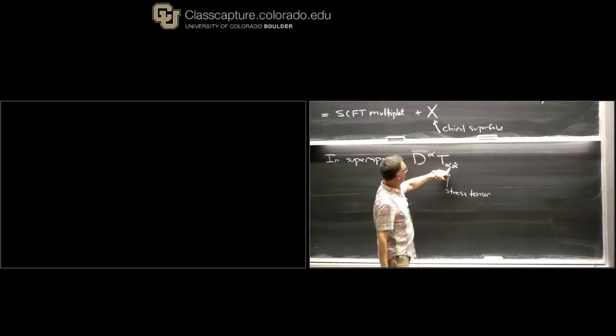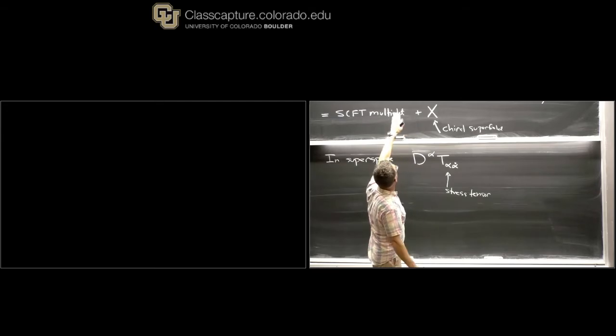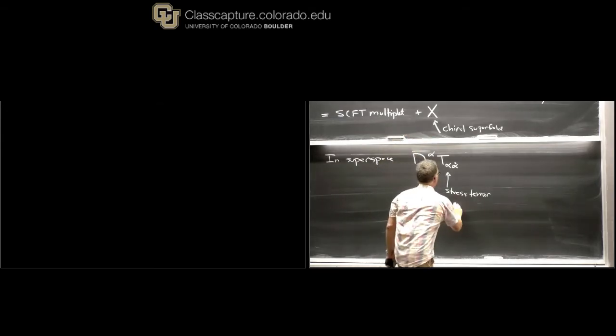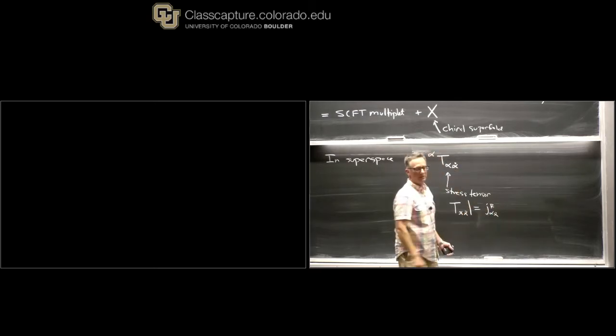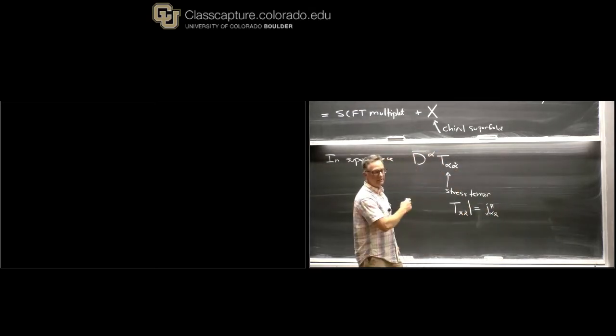And the bottom component is the conserved R current, which I could write with alpha and alpha dot index, or using the sigma Pauli matrices, I could write it with the mu index.